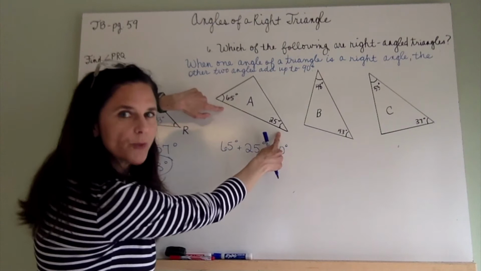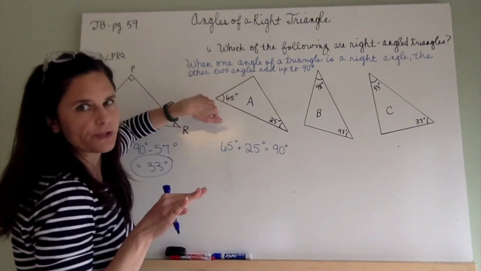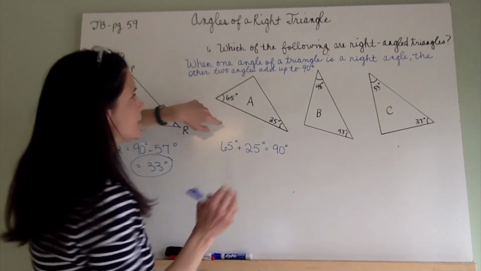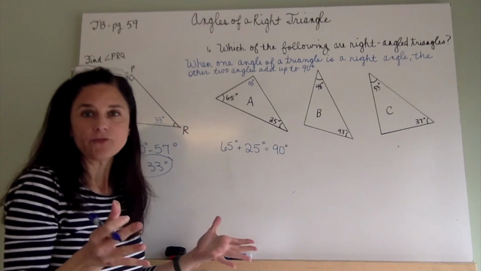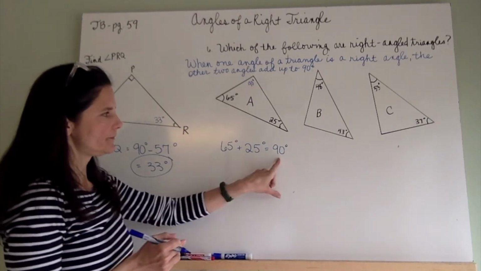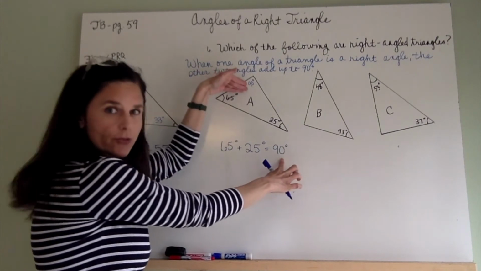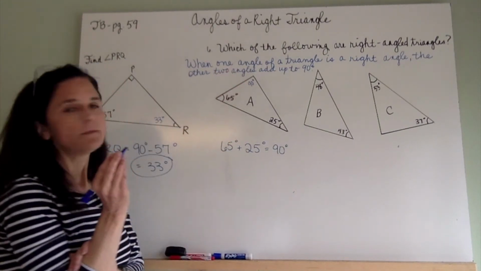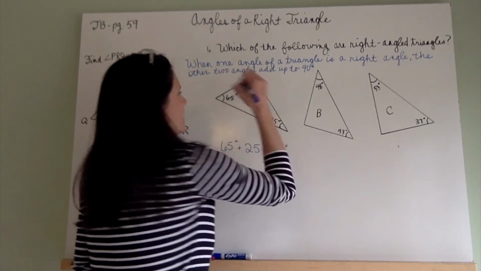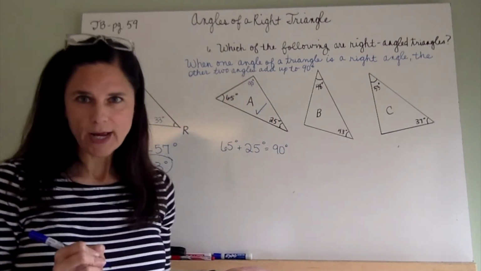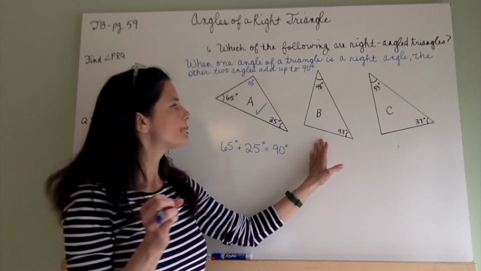So if these two angles are 90 degrees, and the sum of all three angles in a triangle is 180 degrees, then you know that this angle is in fact a 90-degree angle. Do you follow that? But these two angles equal 90, so the third angle of the triangle must be 90 degrees as well. So yes, we'll just put a little check in there, yes, this is a right-angled triangle.